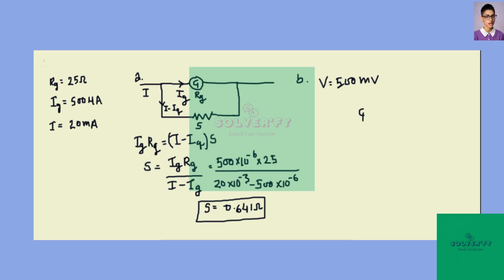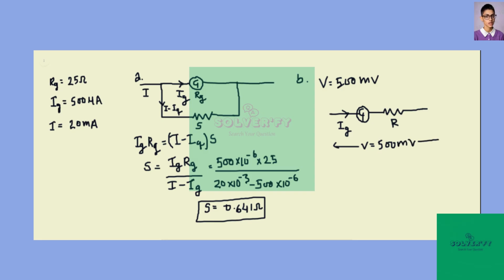Since the maximum current that can flow through the galvanometer is Ig, we need to make sure the current is small, and that will only be possible if the resistance of the circuit is high. So to make that high, we add a resistance R here, so that less current flows through the galvanometer, and the potential across this should be 500 millivolts.